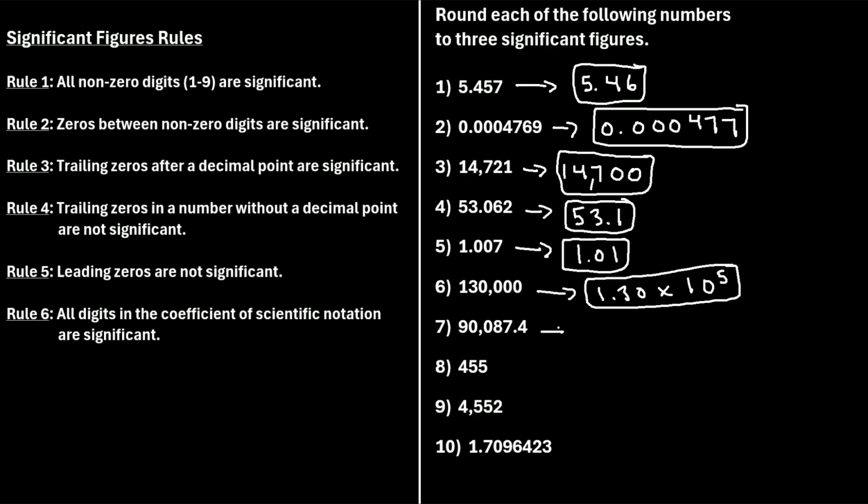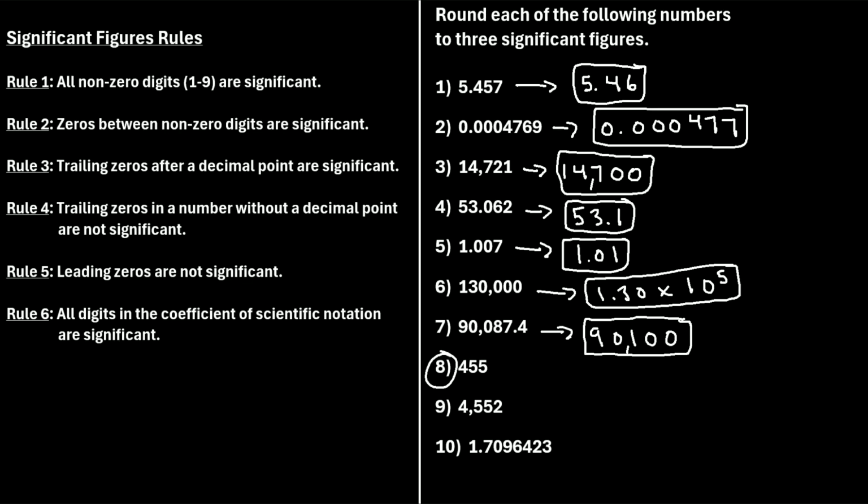So our final answer is going to be 901. And remember, we want this rounded answer to be close to this original value. So we're going to fill in 2 extra values to make this rounded number 90,100. So that will be our final answer on this one. And again, this number has 3 significant figures, the 9, the 0, and the 1. And the trailing zeros are not significant.